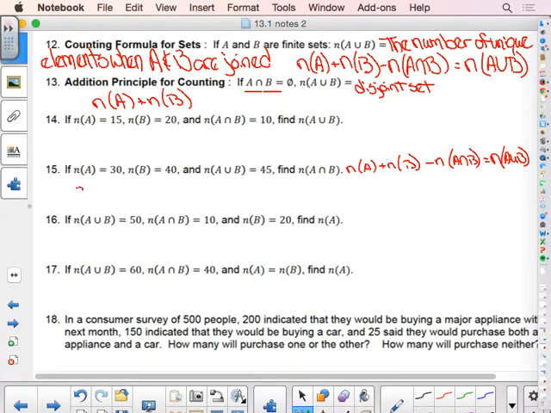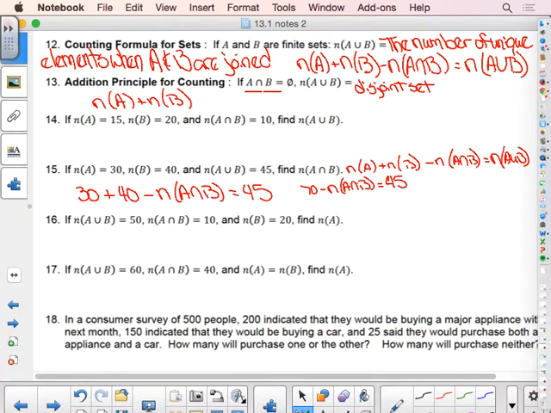So here, 30 plus 40 minus the number that's in the intersection, A intersect B, is equal to what's in the union, which is 45. So I have 70 minus the number in the intersection equal to 45.